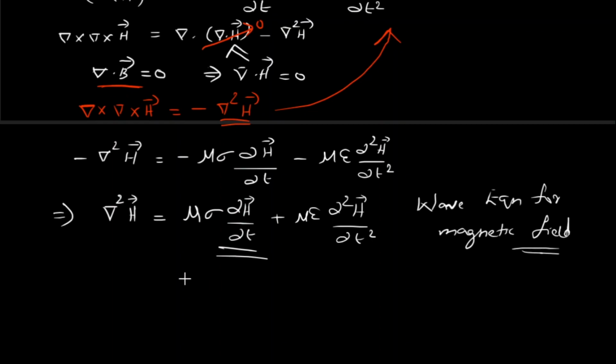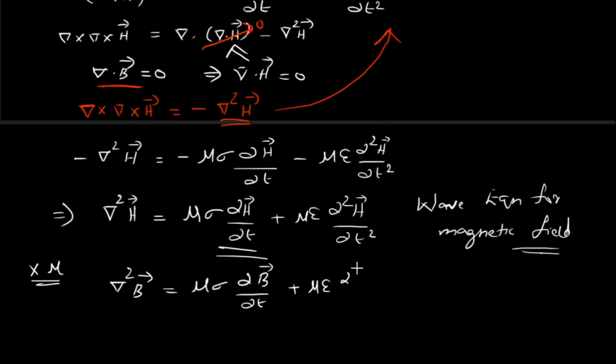Similar to the previous case, if I multiply mu on both sides of this equation, the same equation can be written in terms of magnetic flux density. So this becomes del square B equal to mu sigma del B by del t plus mu epsilon del square B by del t square.